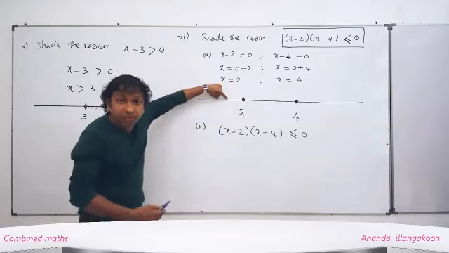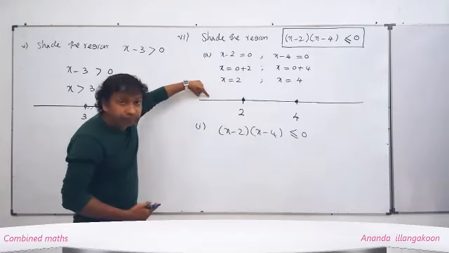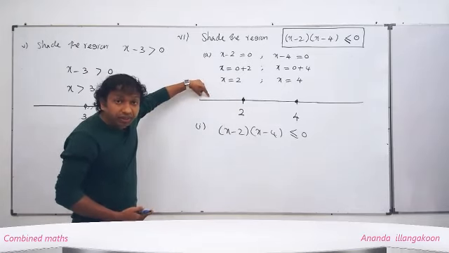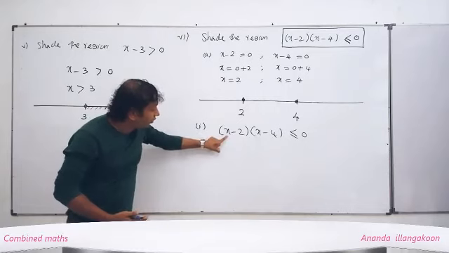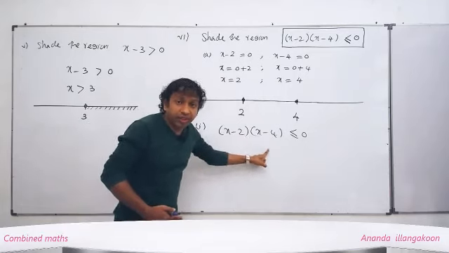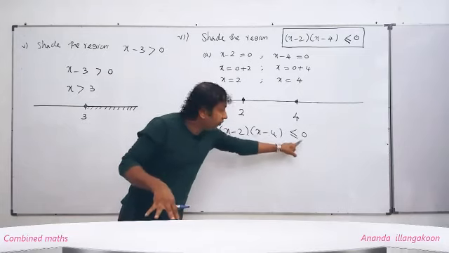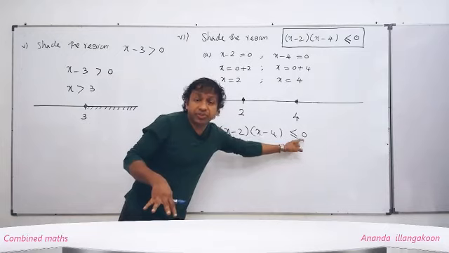What is this interval, people? The less than 2 interval. Take any real number from this interval, put it for this x here and here, multiply the left-hand side and see whether the resulting answer matches.